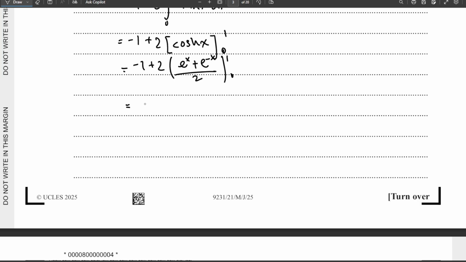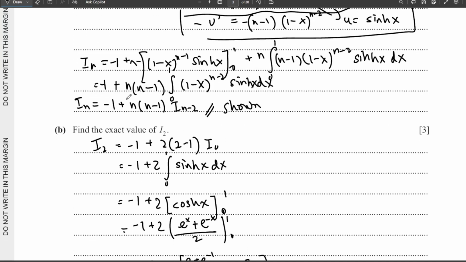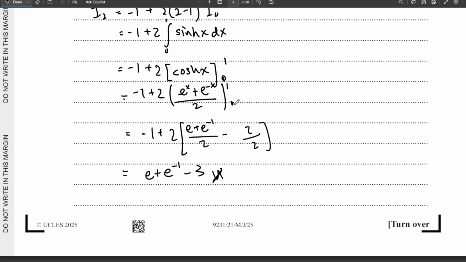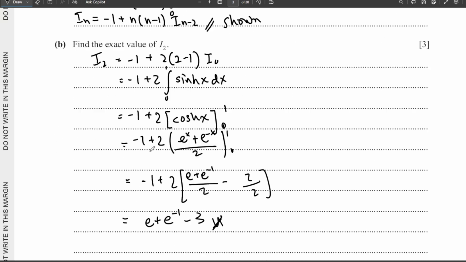So at 1, it's e plus e inverse, divided by 2. When it's 0, that is just 2 over 2. Alright, so we have here e plus the reciprocal of e, minus 3. So I think this is our exact value. Okay, so that will be question 2.